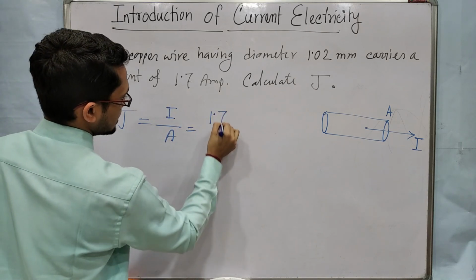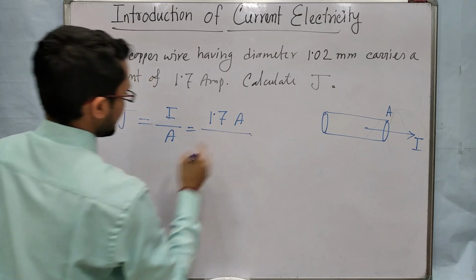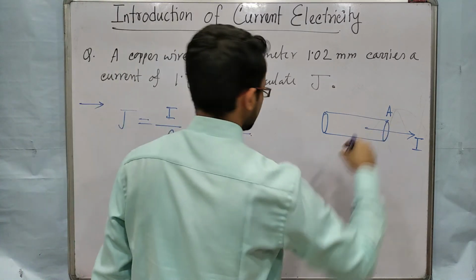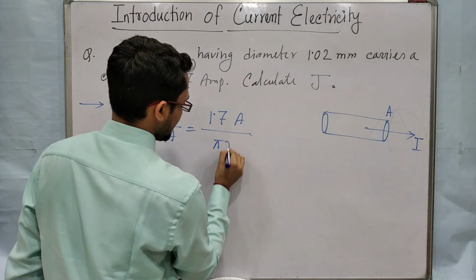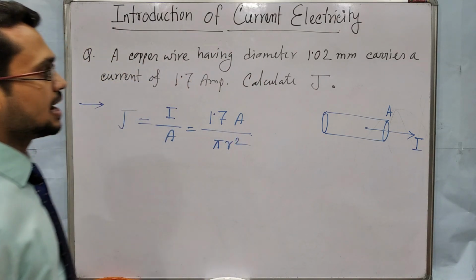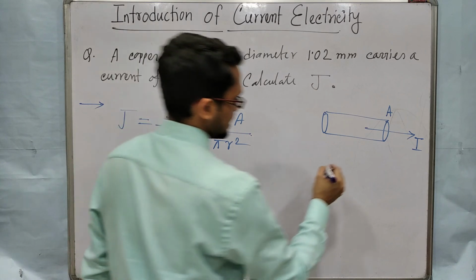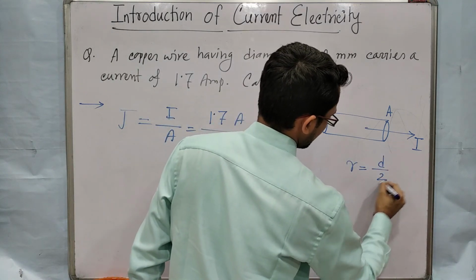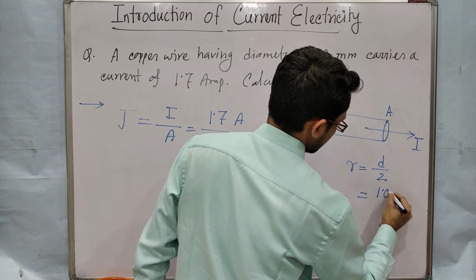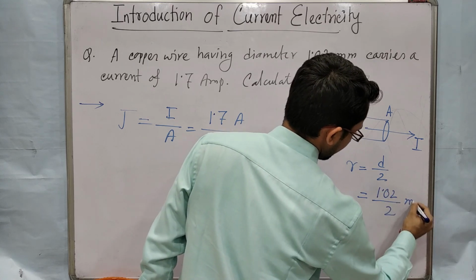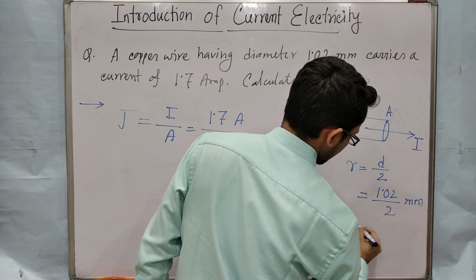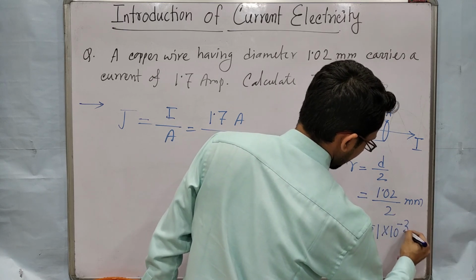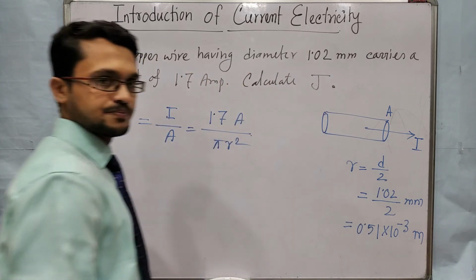I means 1.7 ampere, and area. Here the cross sectional area is circular. Circular means area will be pi r square. Now r is the radius of that cross sectional area, that means diameter by 2. Diameter is 1.02 millimeter, so r is 1.02 by 2 millimeter, that means 0.51 into 10 to the power minus 3 meter.